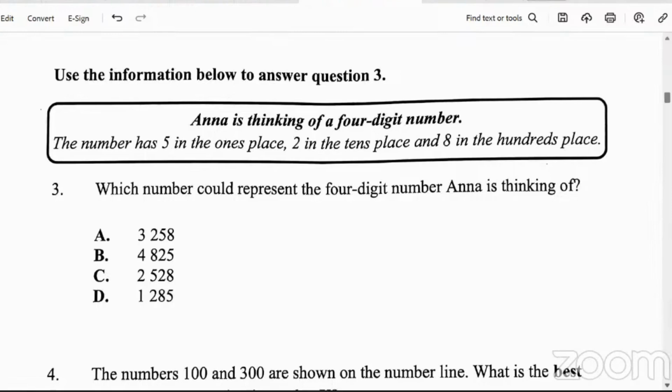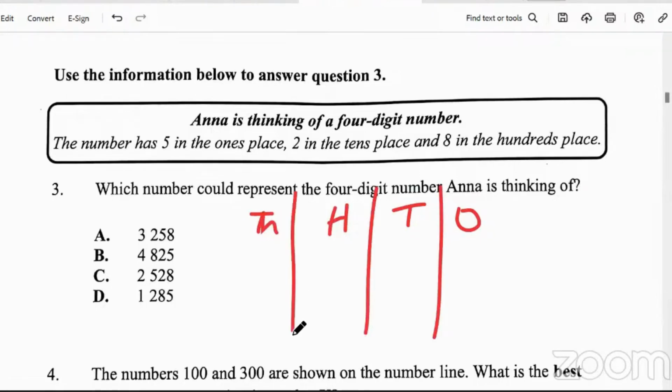All right, so what I just did up top with the place value chart. It's a 4-digit number, so of course, we would need all these spaces. And then it says the 5 is in the ones place, the 2 is in the tens place, and 8 is in the hundreds place.